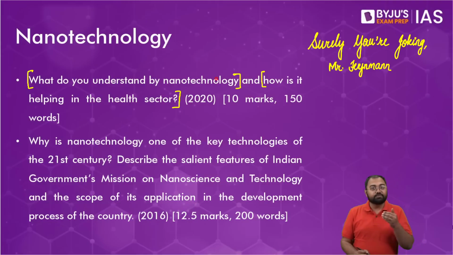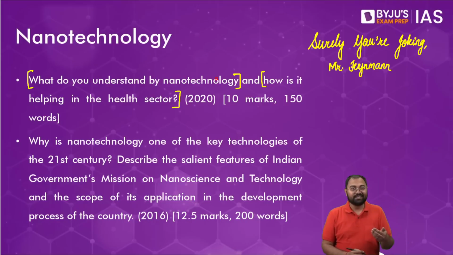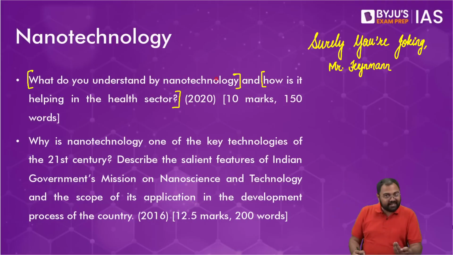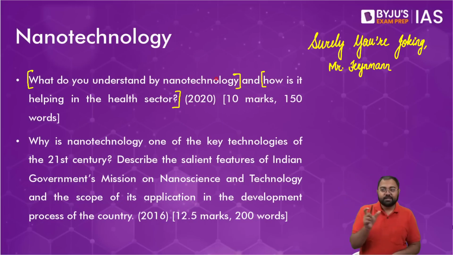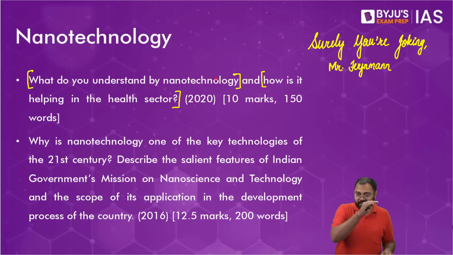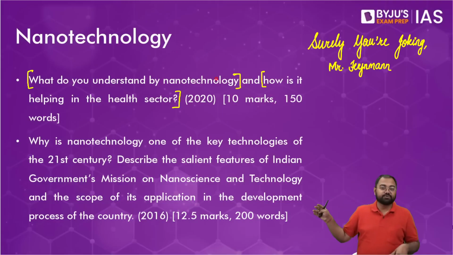So you will also spend some words writing about what nanotechnology is, and then the second part, how it helps in the health sector. So be very careful while answering these kinds of questions, because wherever you have two or three question marks, you know that there are two or three parts to the question. But sometimes this can also happen when there is no question mark and, in a continuous manner, they have asked you two separate questions.